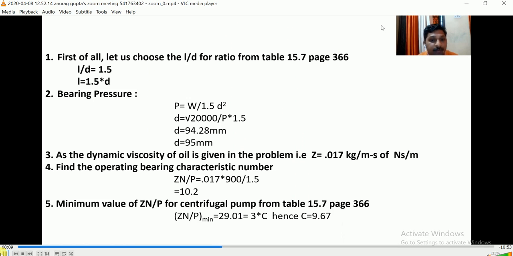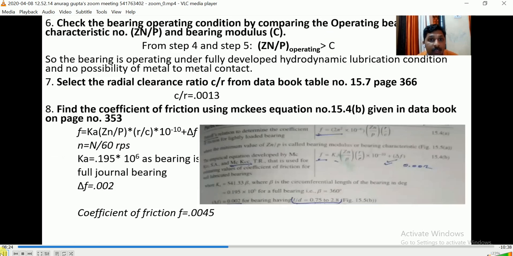So minimum ZN by P equals 3 times the bearing modulus, and the minimum value is 29.01, so the bearing modulus comes out 9.67.